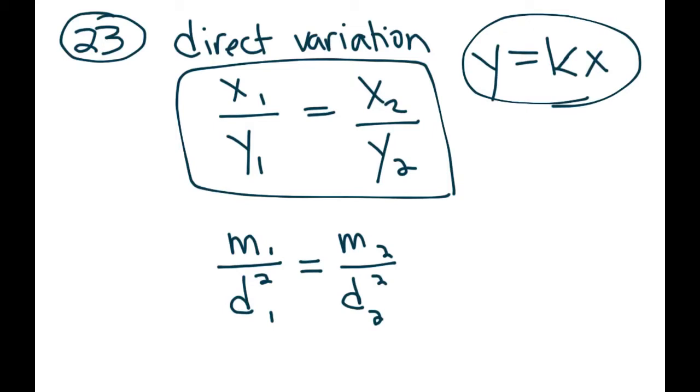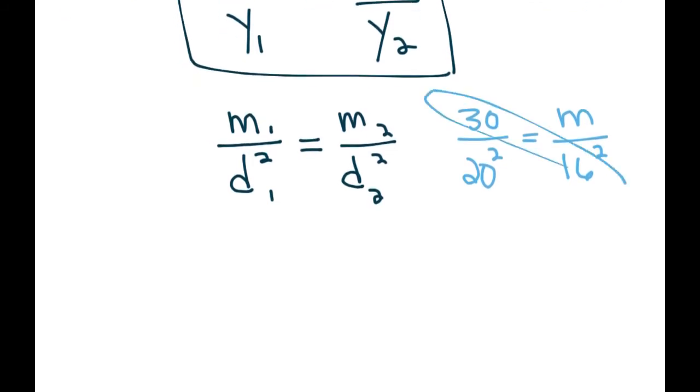All right, so if she puts 30 slices on a 20-inch diameter pizza, and remember we have to square the diameter, that's going to equal, I don't know how many pieces she's putting on the next pizza, but I do know that the diameter is 16 squared. So we're going to solve that equation by cross-multiplying.